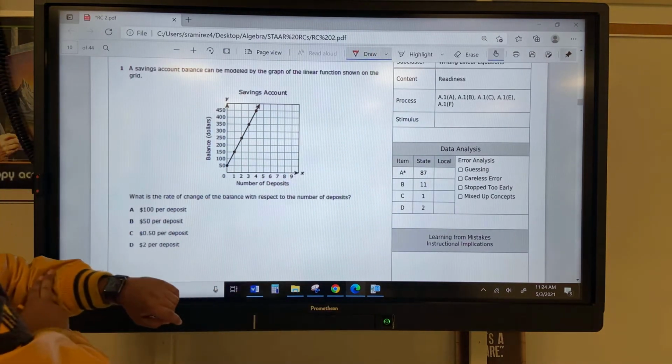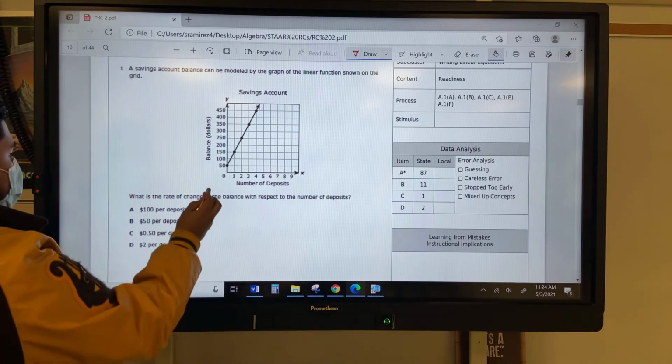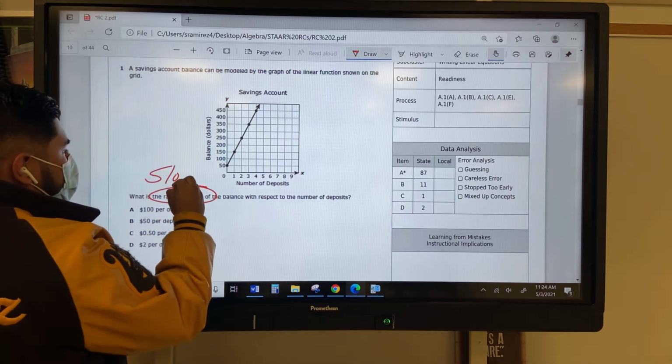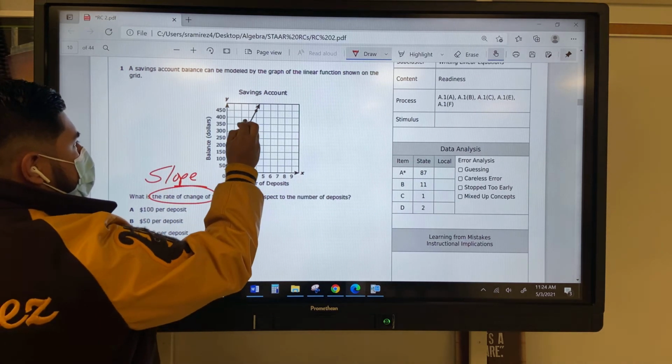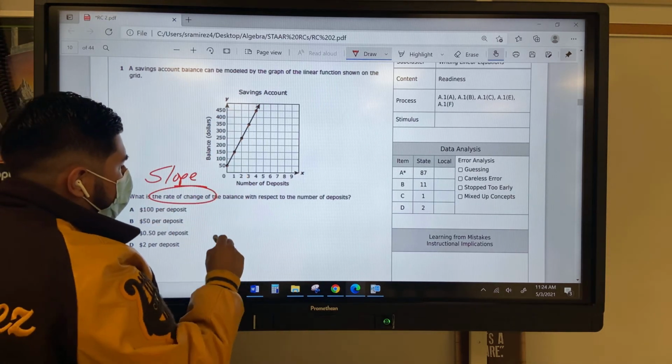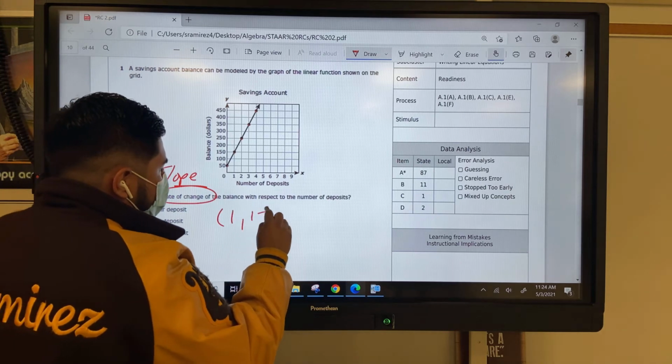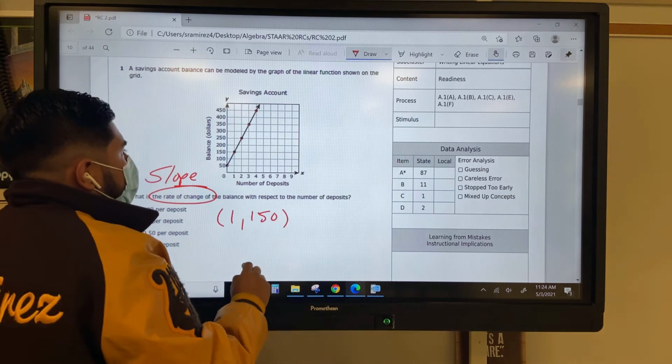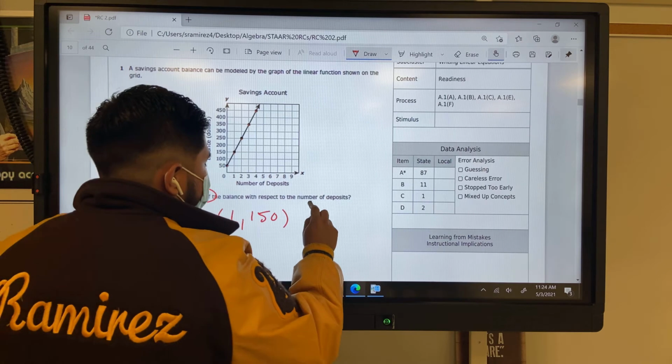Man, we're zooming through this rate of change. I love it. Couple more minutes. Rate of change, slope, same thing. These points. I don't like 0.50, so I'd rather use 150. So I'm going to put 1, 150, and then 2, 250.